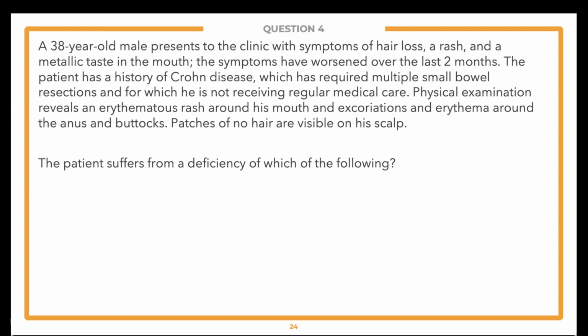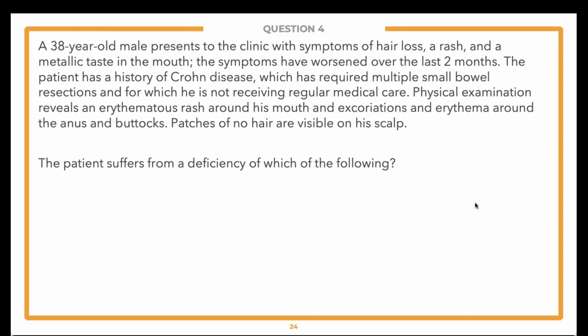A 38-year-old male presents to the clinic with symptoms of hair loss, a rash, and a metallic taste in the mouth. The symptoms have worsened over the last 2 months. The patient has a history of Crohn's disease, which has required multiple small bowel resections and for which he is not receiving regular medical care.